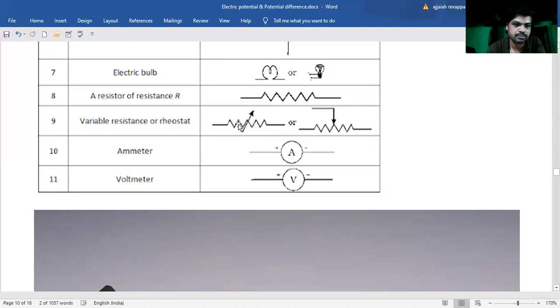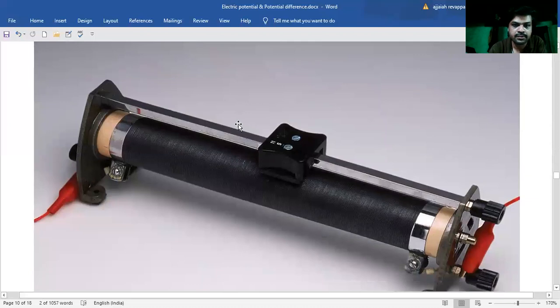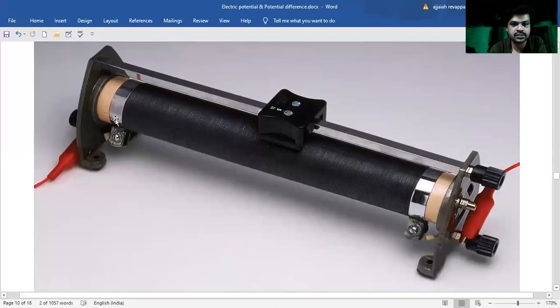maximum to minimum. How can we change the resistance value? See, here we have the image of this rheostat. This is a wire which has a resistance, say 500 ohm. At this end, the resistance is 0.